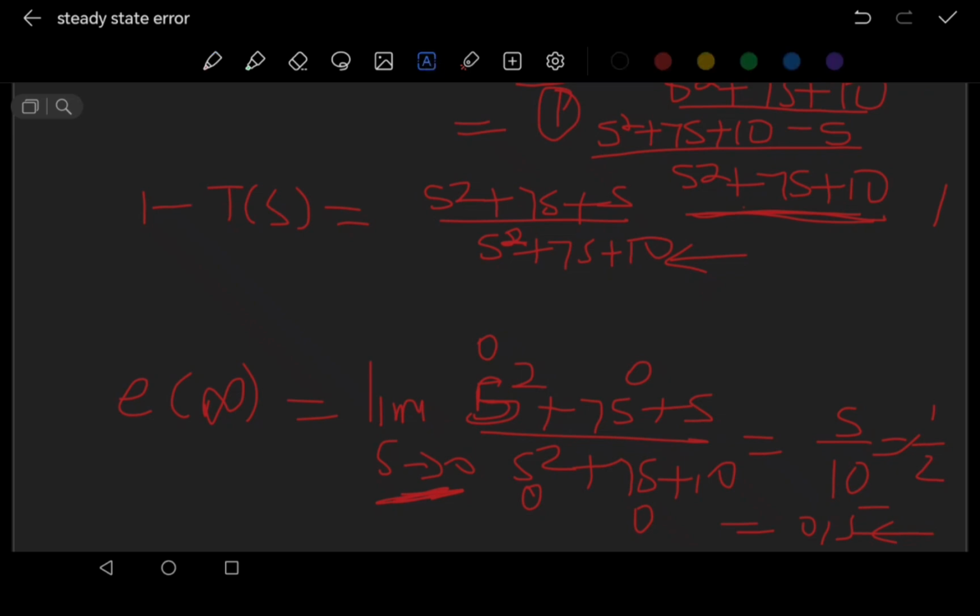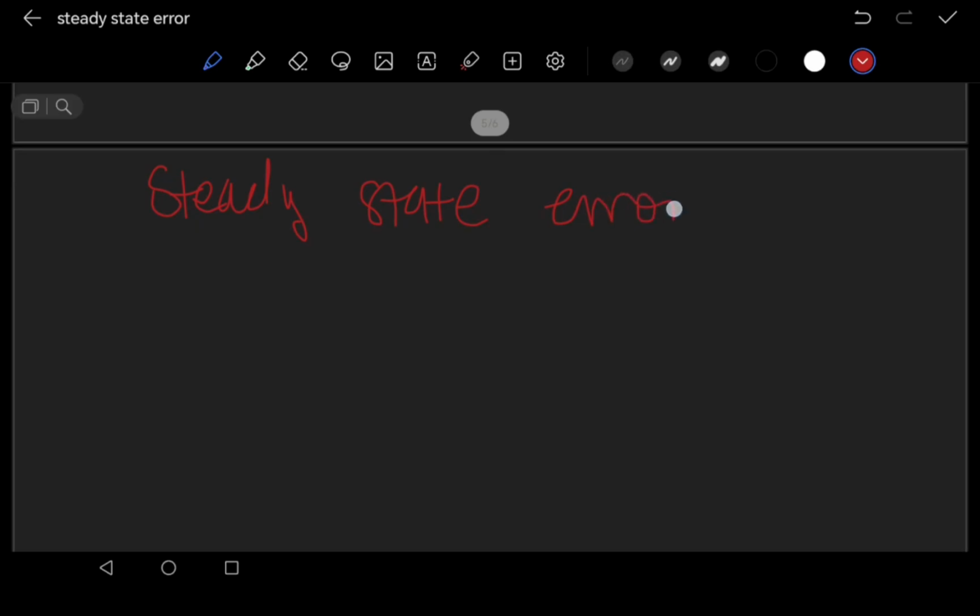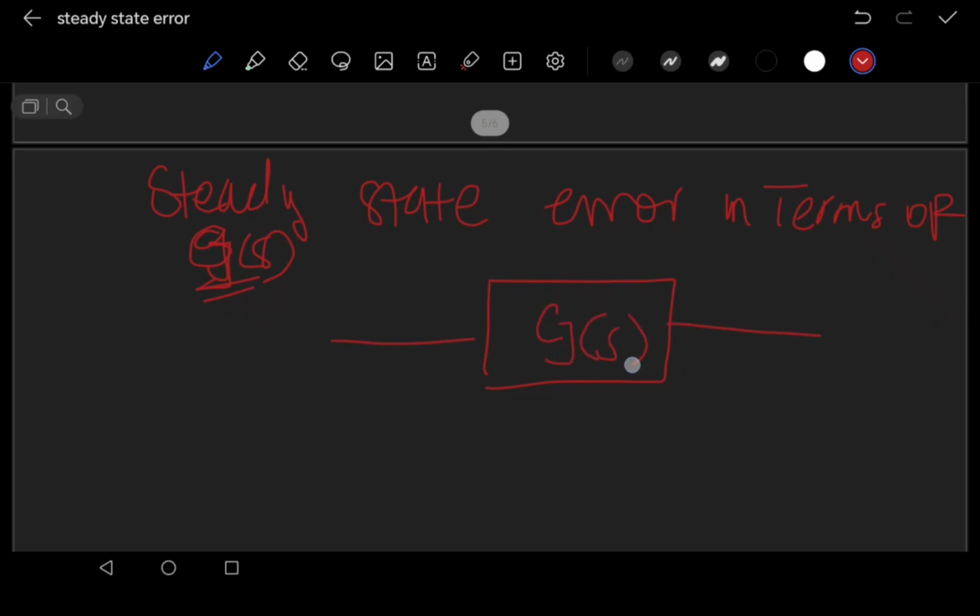Right? Now we have to go to a part whereby a steady state error is in terms of g of s, right? So we can draw the block diagram where here we have e of s, then the summing point, then r of s and then c of s, right?